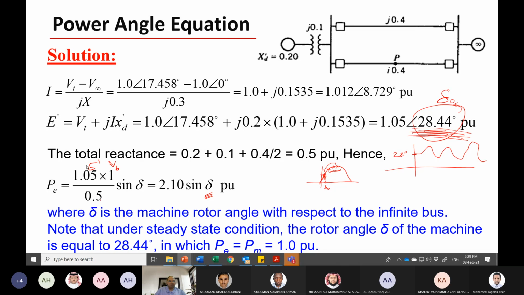This is constant. This is also constant, but this is not the same as pre-fault.